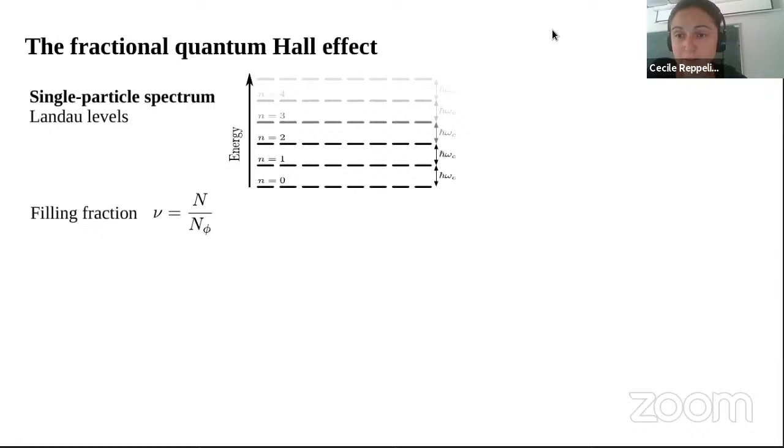and if the bandwidth is very large, the likeliest thing is to get a Fermi liquid. So you're going to get a metal.